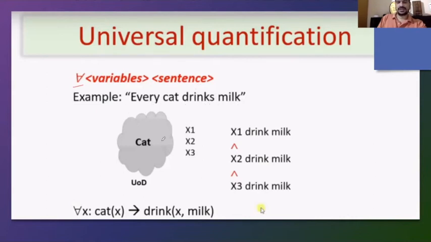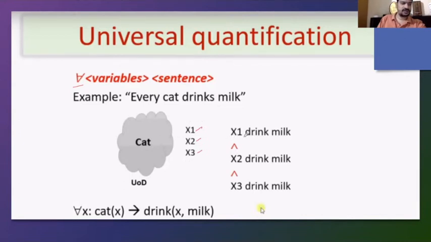Let's assume that we have three cats in the world. This is called the universe. So in this particular universe, let's assume that we have 3 cats. How can you write it down?